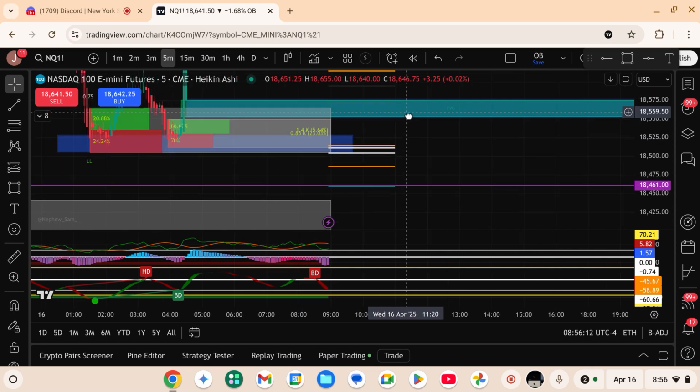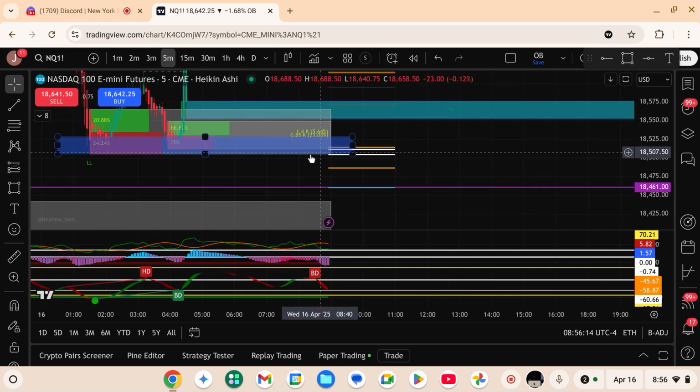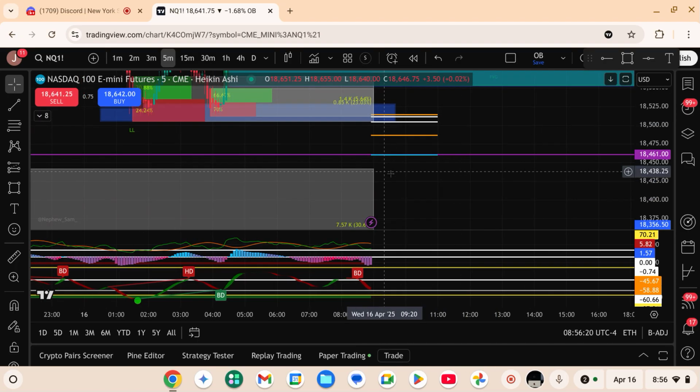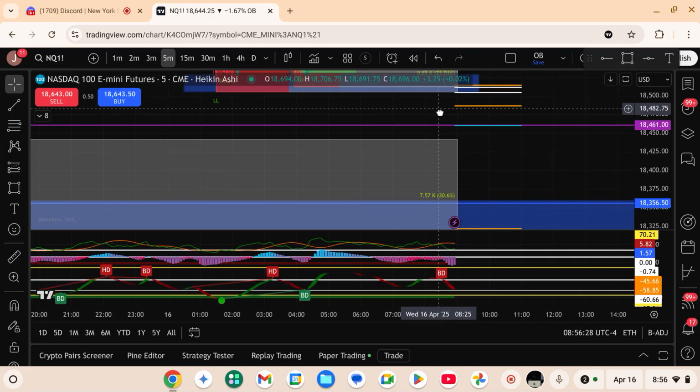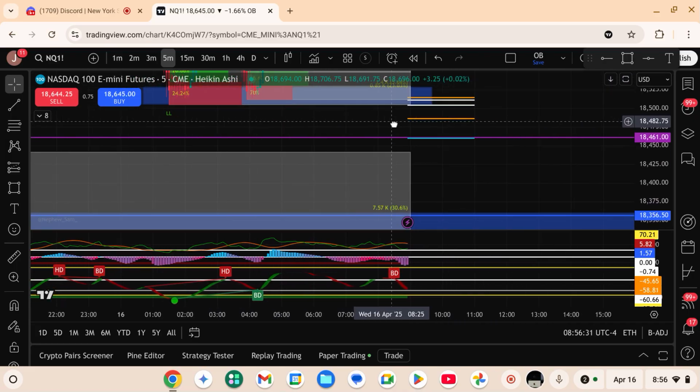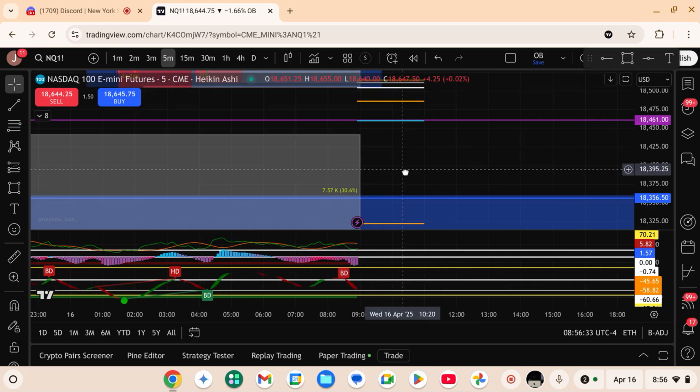And then if it breaks below this box here, we would target this for TP1. And then TP2 would be all the way down here.